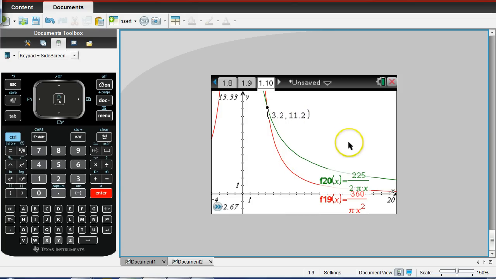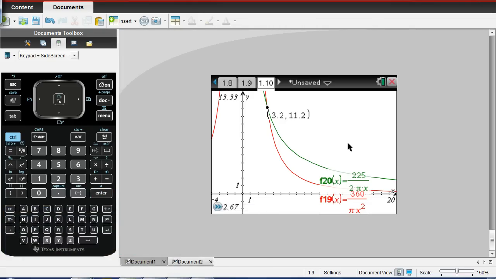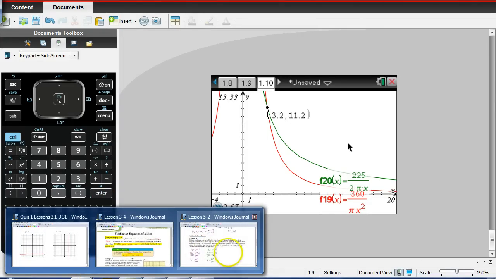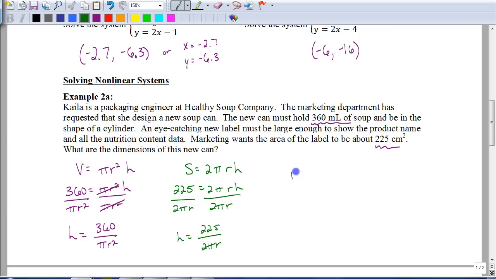And you get 3.2 and 11.2 as your solution. So as far as the context of this problem, what that means, because we don't want to write this one as a coordinate, our boss wouldn't know what that means. So we need to write it as the radius, which was our x, was 3.2. Our y was h, which is 11.2. And that would be our answer.